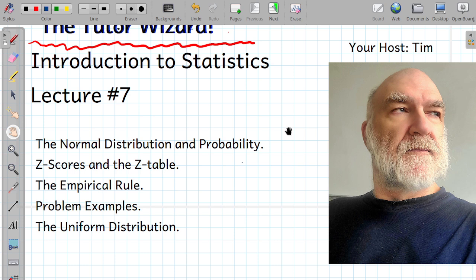We'll touch on the empirical rule as well. We'll do several problem examples, and we cannot forget that the uniform distribution is a lovely little poster child to understand continuous probability distributions. So this isn't in the precise order that we're going to cover them, but it is the topics that we're going to cover tonight. So I guess we should probably get busy. Let's do that.